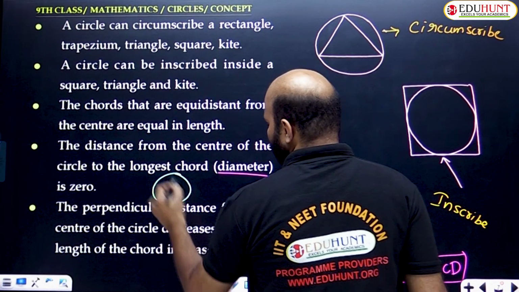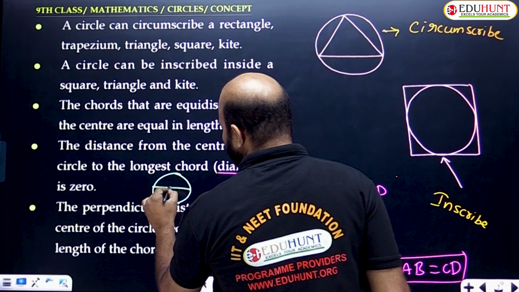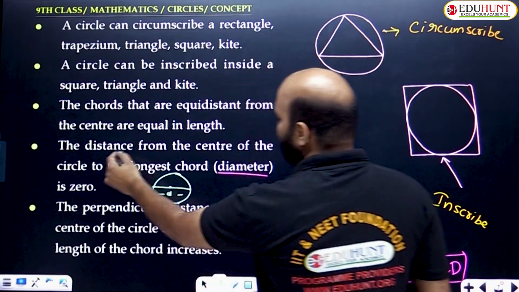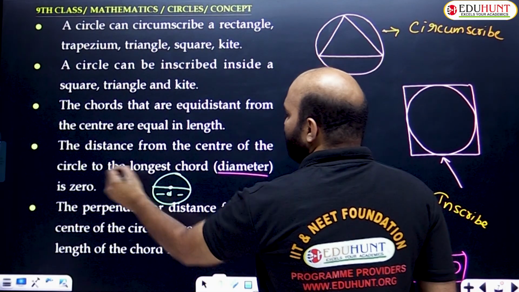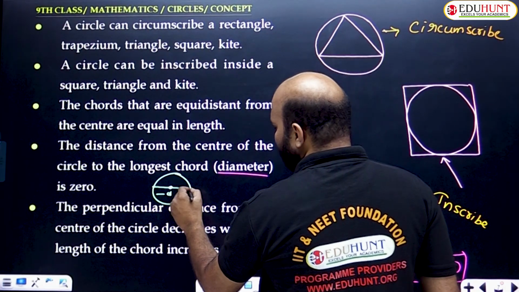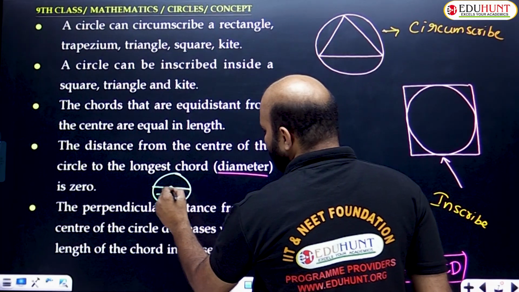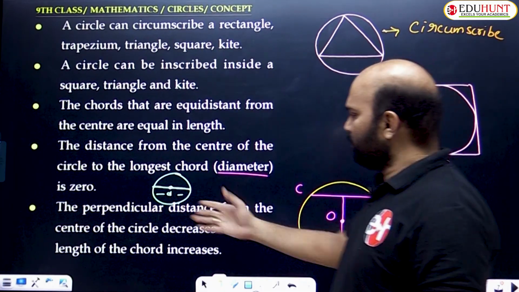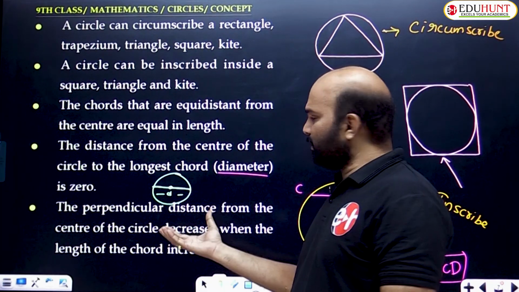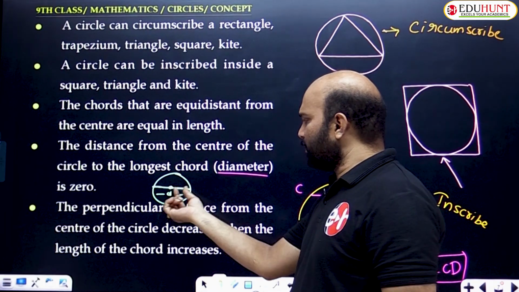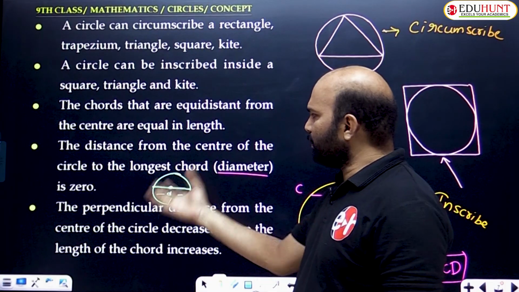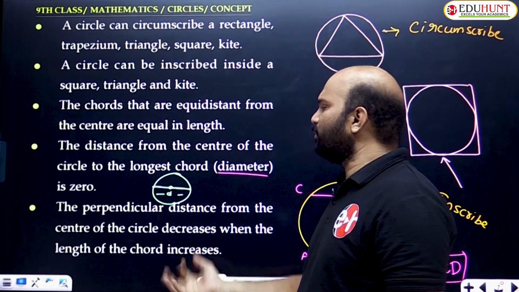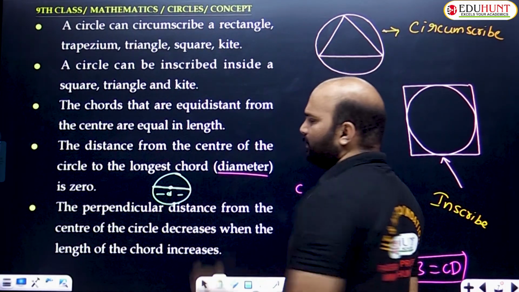If you draw the circle, the longest chord is called the diameter. The diameter passes through the center, so the distance is 0. Next one.